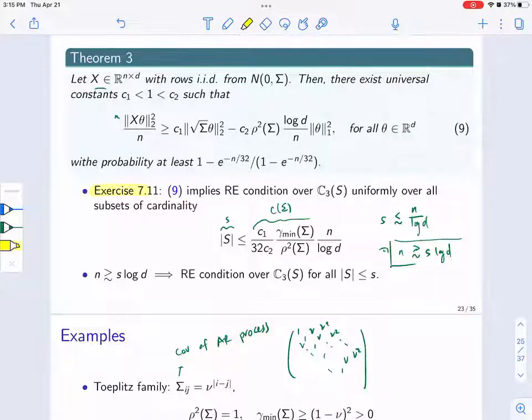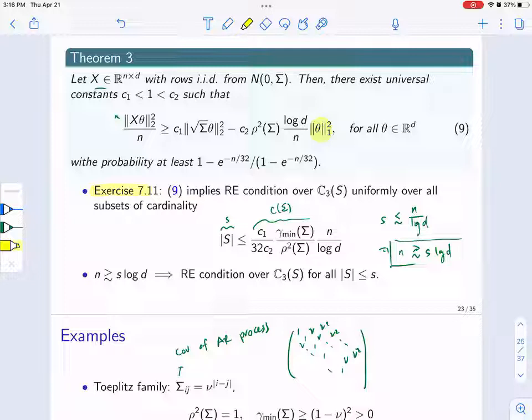To get an intuition why this is, if you just imagine that for sparse vectors, this is bounded by root s times the L2 norm, as I mentioned, rather than root d times the L2 norm. So if you assume that this is sparse, then this would be root s times the L2 norm. And you know that over this cone, the things look sparse, right? So over this cone, the L1 norm would be like root s times the L2 norm.